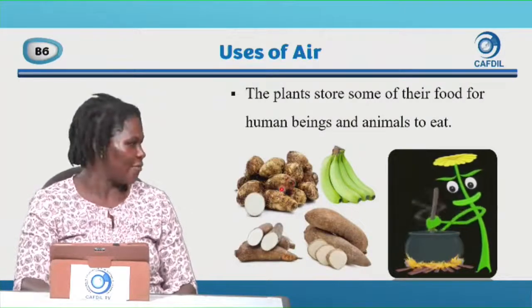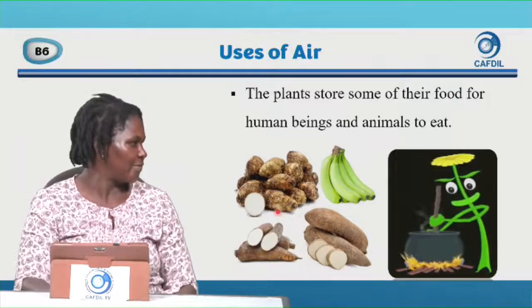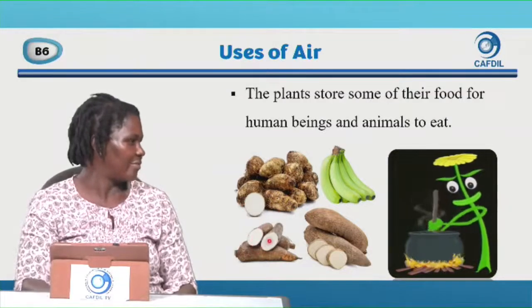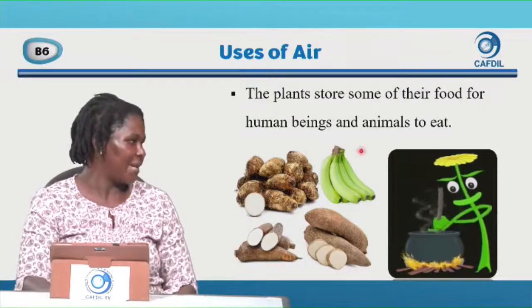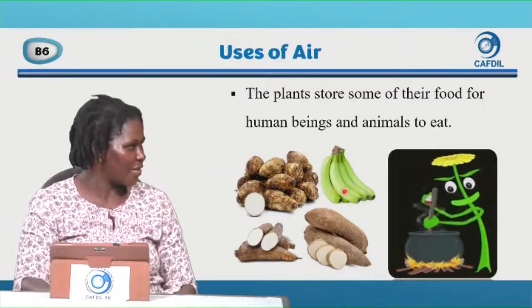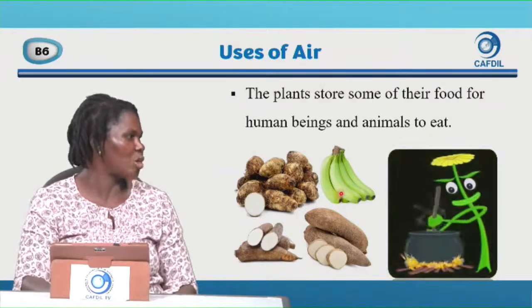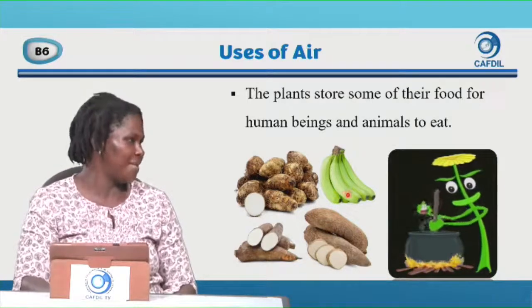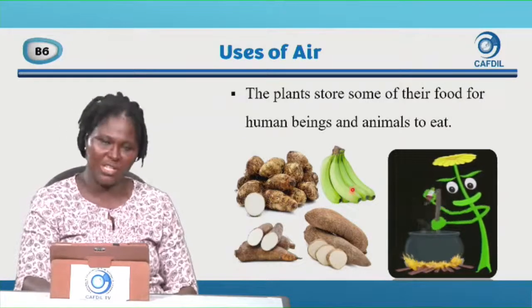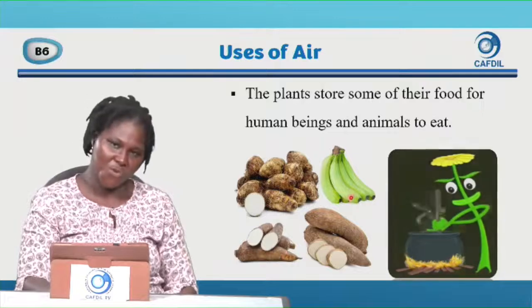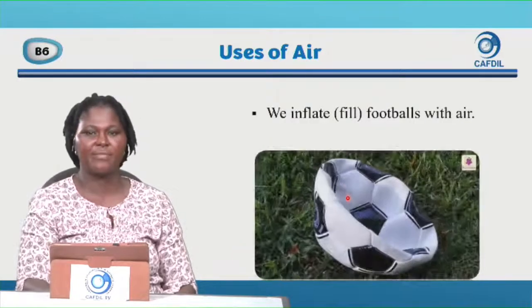We have some food too that they store. We have cassava, cocoyam, yam, and then plantain. So plants store some of their food for human beings and animals to eat. And we eat, we get energy, we grow good.